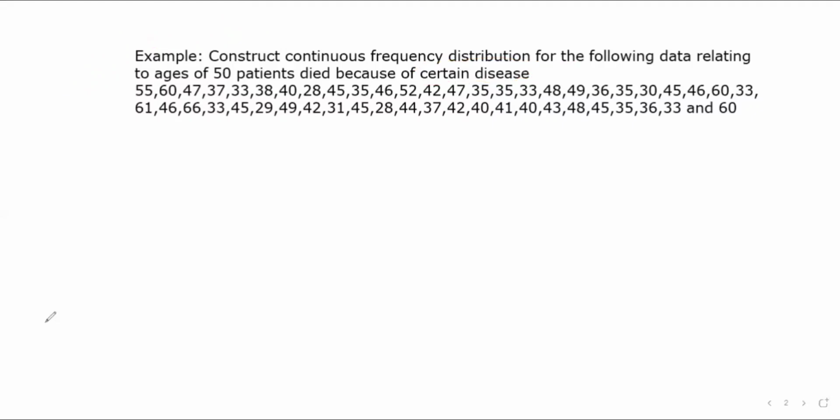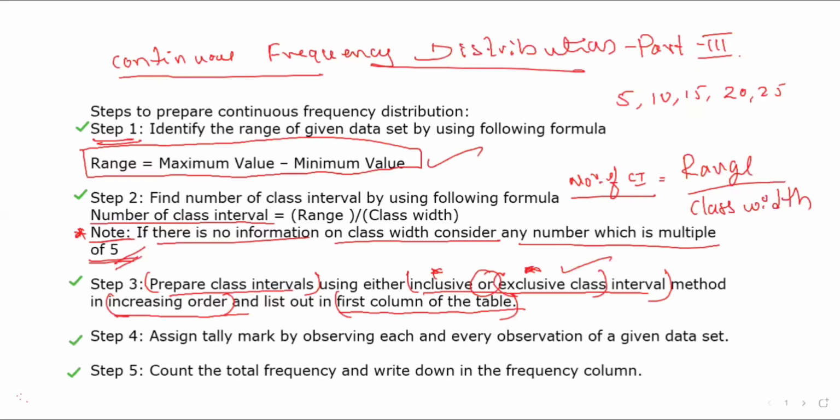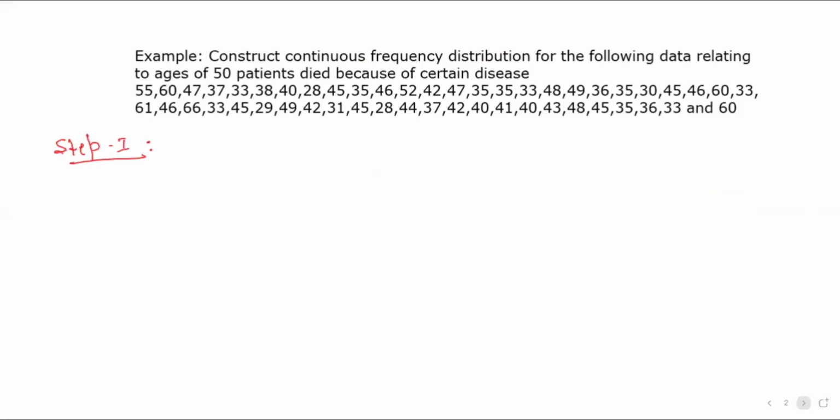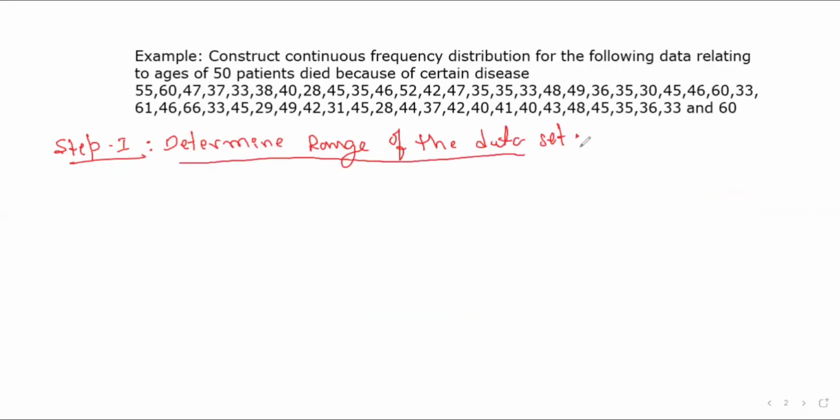So here we need to follow the steps as usual. Step number 1, identify the range. In the previous slide, step number 1 was to identify the range by using the following formula. It means the first step is to determine the range of the data set.